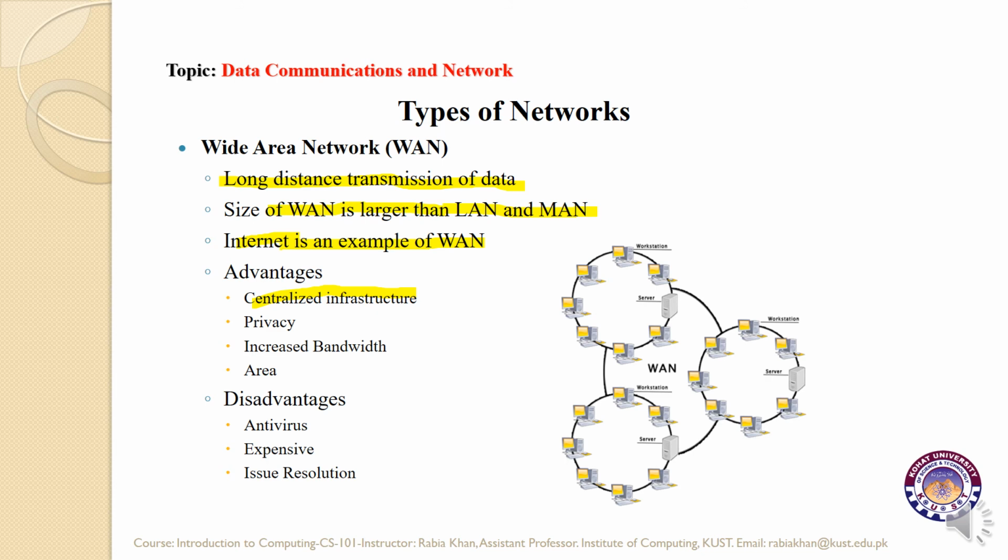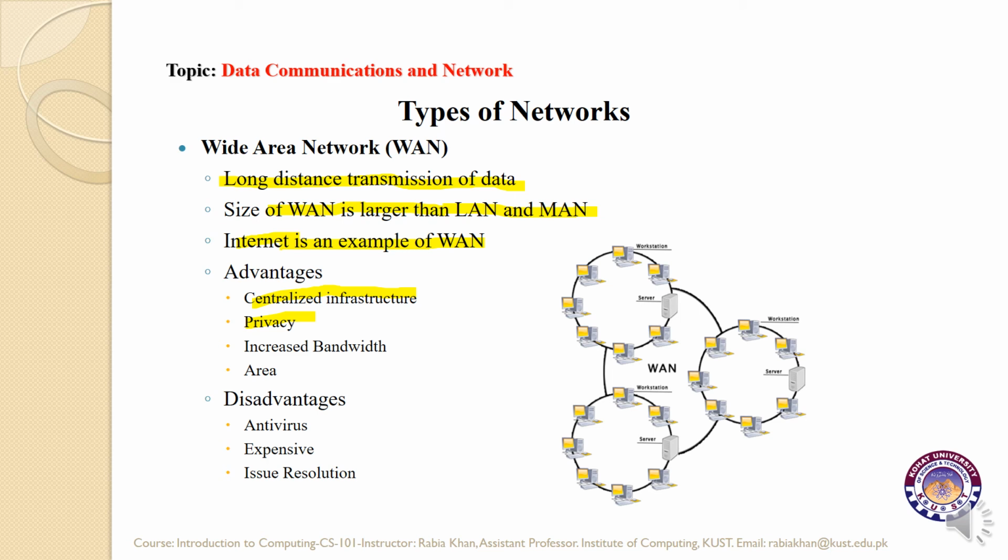Another benefit that it brings along is privacy. A wide area network can be set up in such a way that it encrypts the data that is shared between different parties. Data encryption is generally done using different protocols, as we discussed previously.